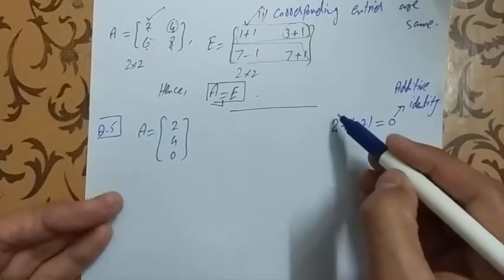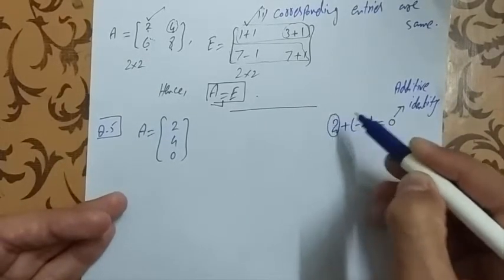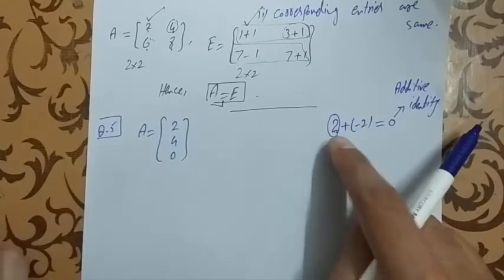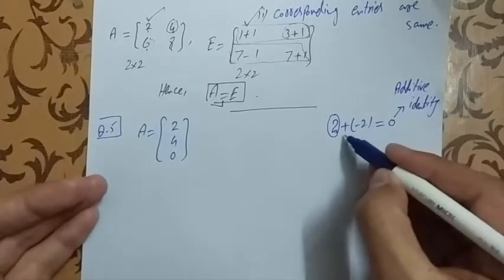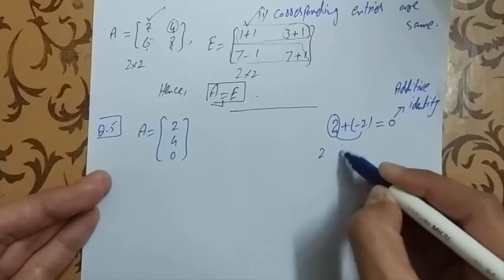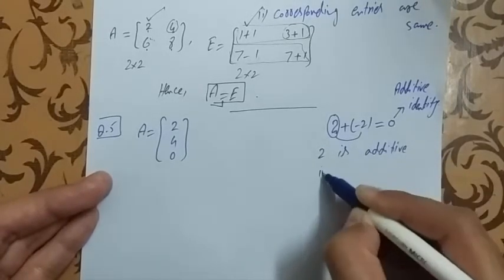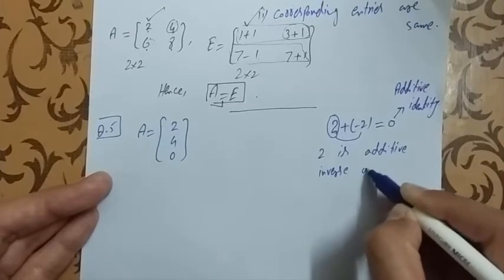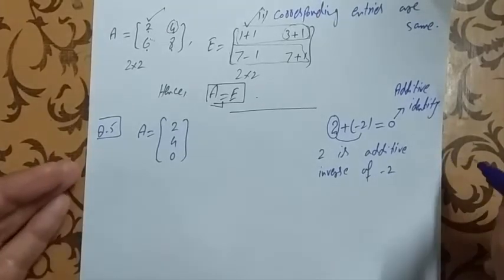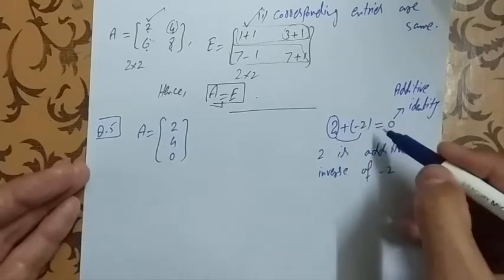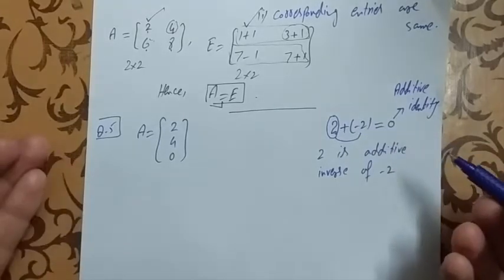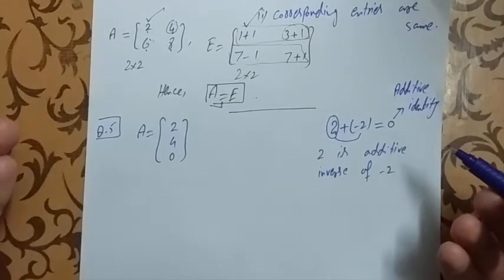Okay, this 2 is the additive inverse of minus 2, because when we add these two, the result is equal to the identity of addition.